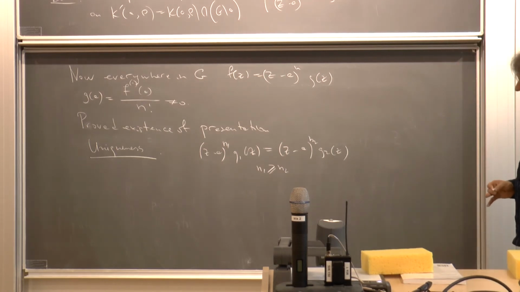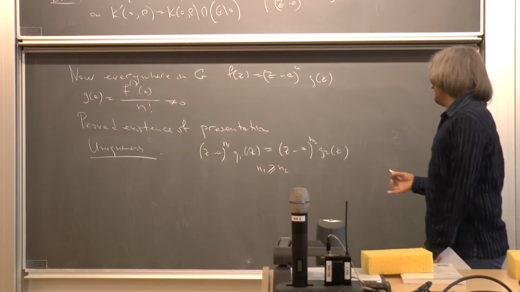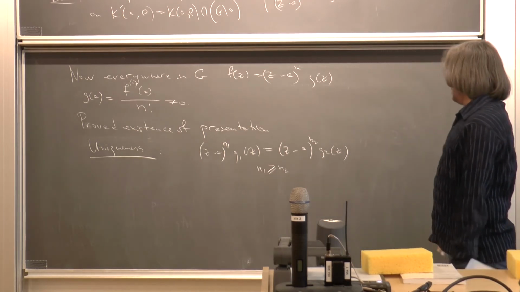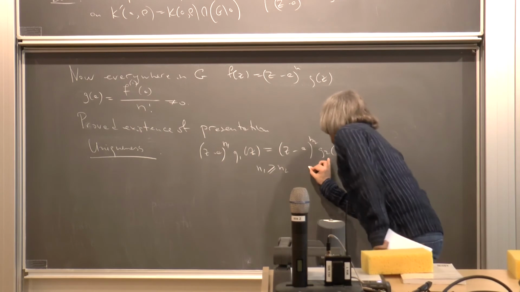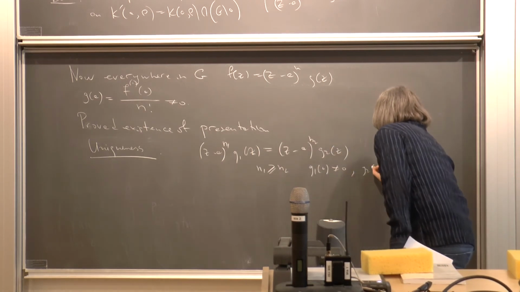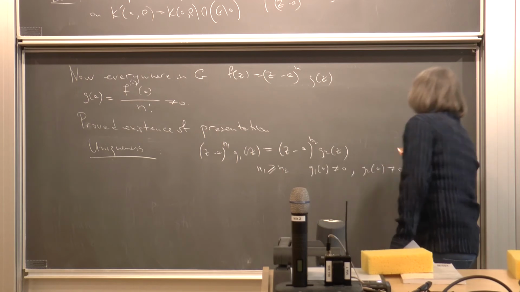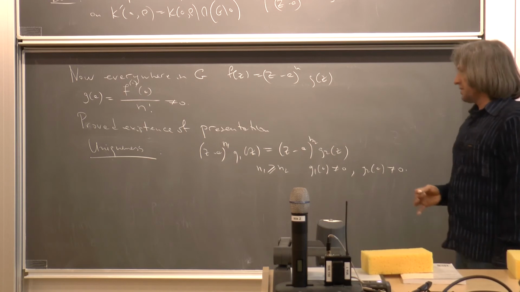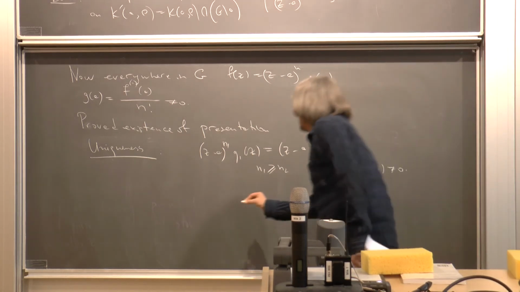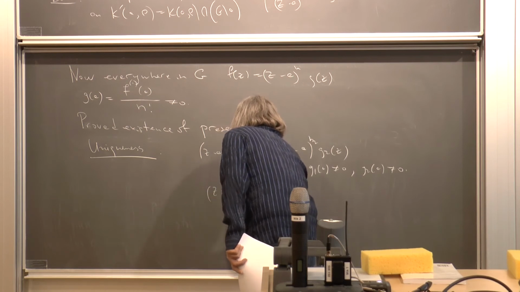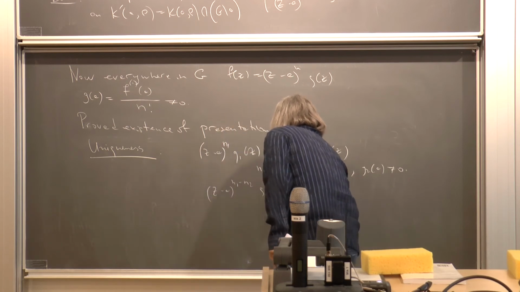Then we can divide, and of course g1 of a is not 0 and g2 of a is not 0. We'll come to a contradiction very fast, because then (z minus a)^(n1 minus n2) g1 of z will be g2 of z.